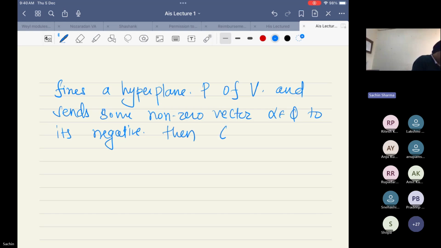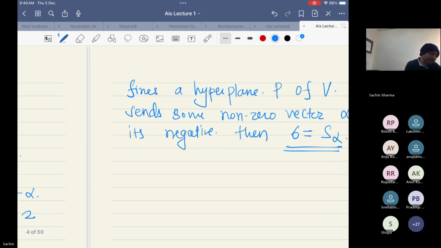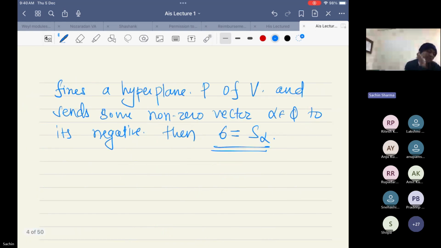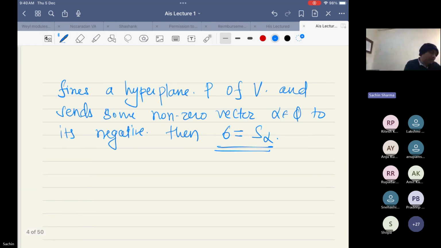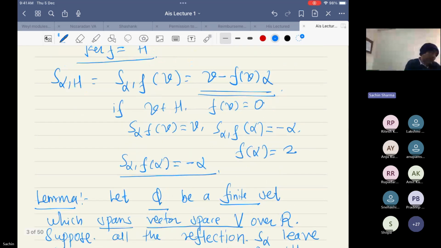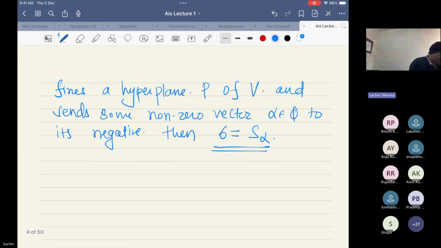Then you need to prove that sigma is equal to S alpha. So it is characterized by the property that if sigma fixes some hyperplane, leaves phi invariant and maps alpha to minus alpha, you can't have any other, but it should be the reflection S alpha. This lemma will play a very important role, so we will prove it.